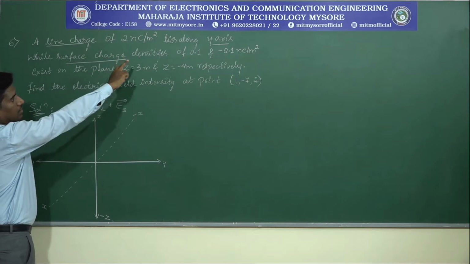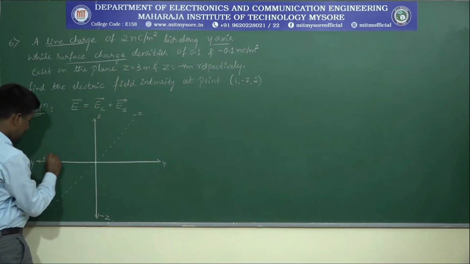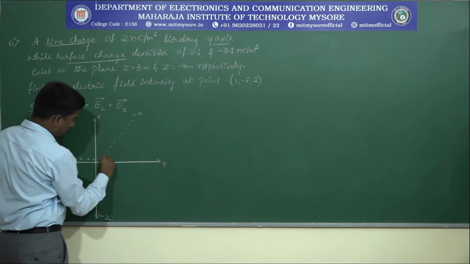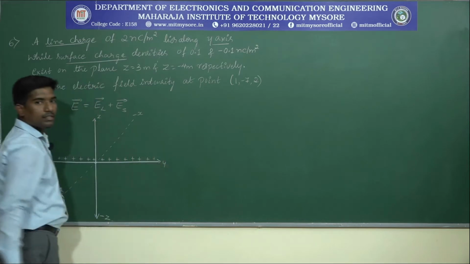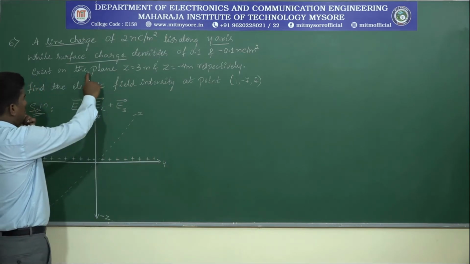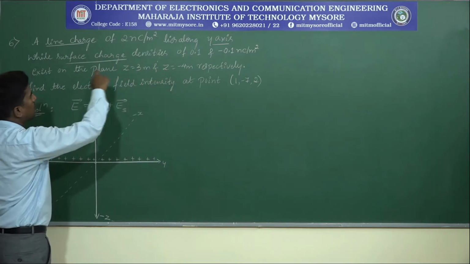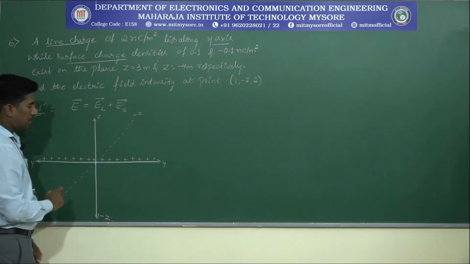The line charge is located along the y-axis. Therefore, line charge is placed along this y-axis. This is what is given. Surface charge densities of 0.1 and minus 0.1 are located at z is equal to 3 and z is equal to minus 4 respectively.